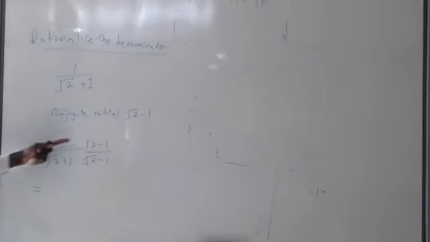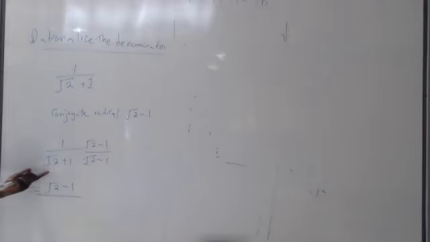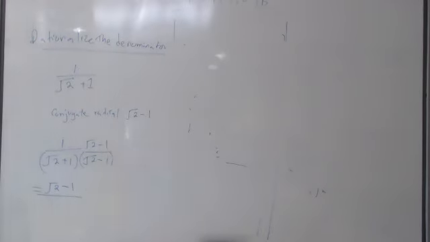So now here we have 1 times square root of 2, that is square root of 2. 1 times 1 is just 1. Divided by, what do we have in the denominator? 2 plus 1, 3. Are you sure? No, it's giving 1 at the end. Yeah, 2 minus 1.